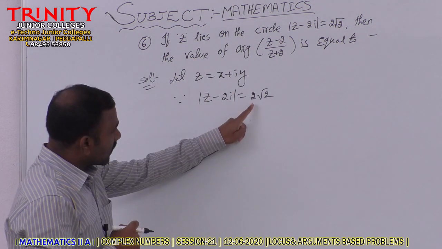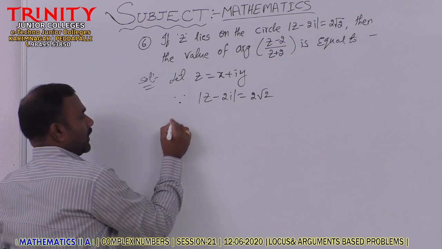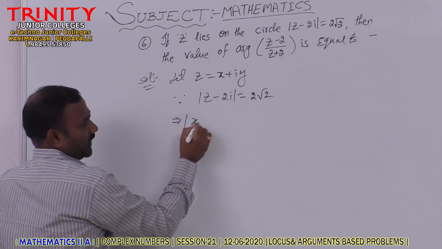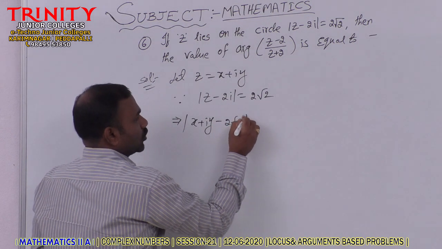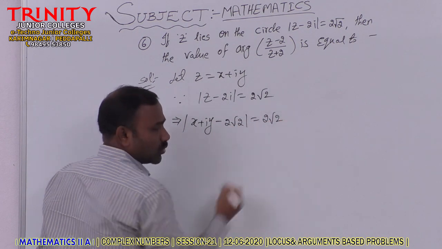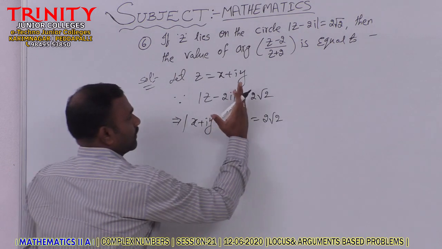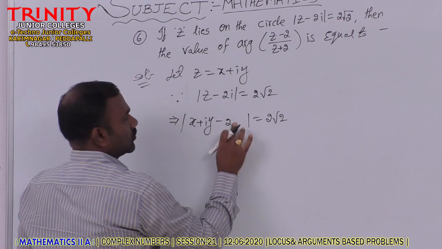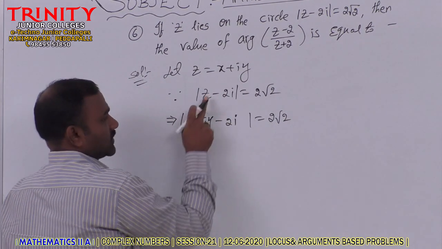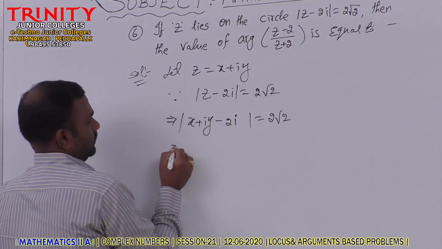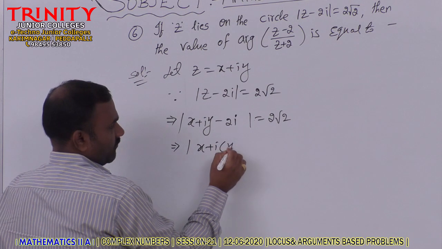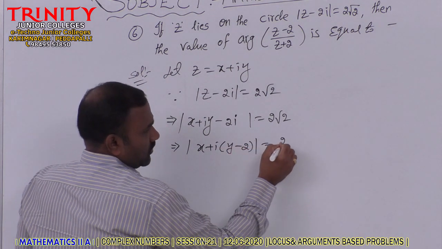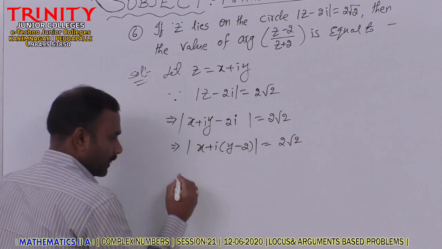Replace z with x plus iy minus 2i, is equal to 2 root 2. Now separate the real and imaginary parts: x plus i of (y minus 2) is equal to 2 root 2.